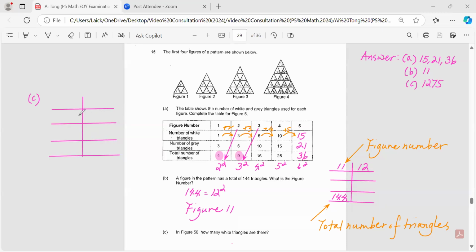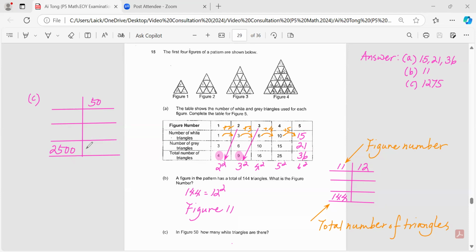Now, for figure 50, the previous total would have to be 2500.